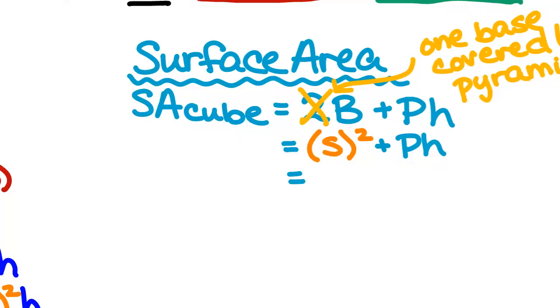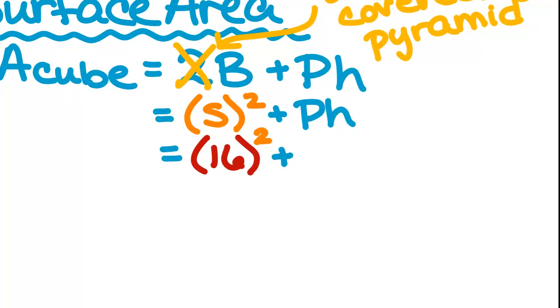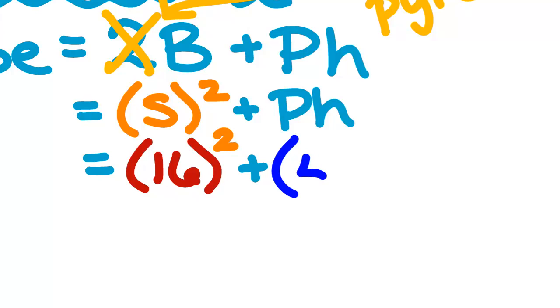So what goes in for the side? 16. So I have 16 squared plus, how do I find the perimeter of the base? We add all the sides together. What would we be adding together? 16. How many times? 4 times. So 4 times 16 times our height.